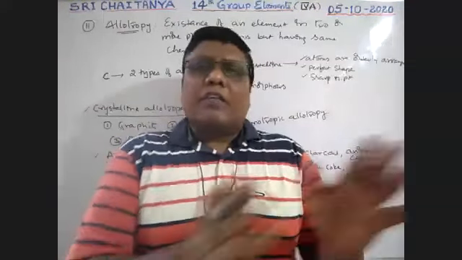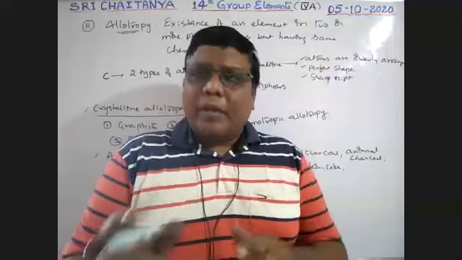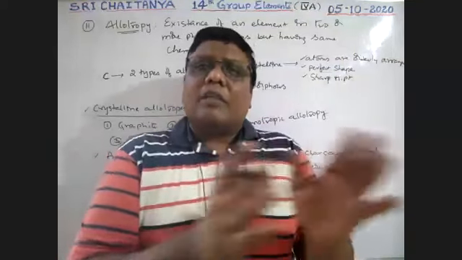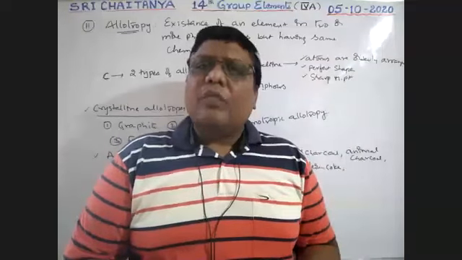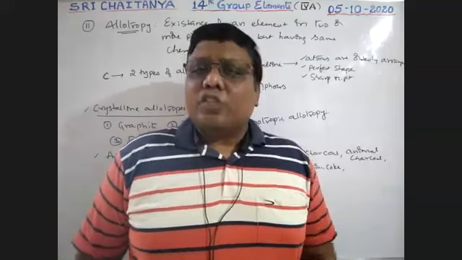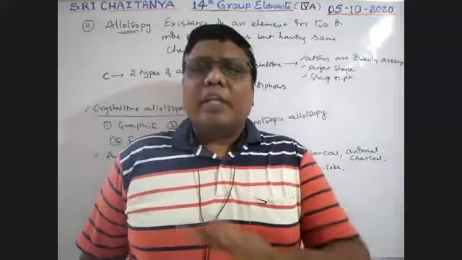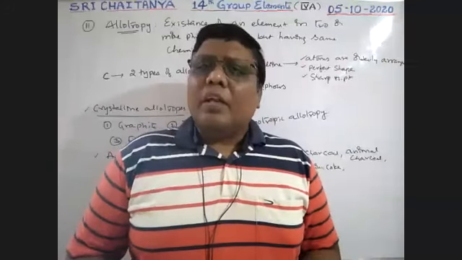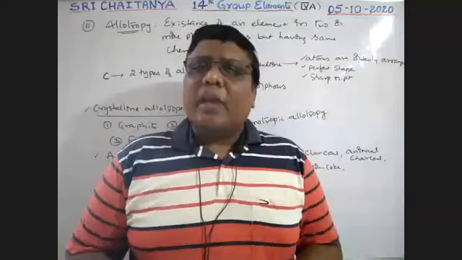Diamond does not convert into graphite. Even though you apply a very huge amount of energy, diamond does not convert into graphite. Why not, sir? Because of high activation energy. So interconversion is not possible because of very, very high activation energy. What is activation energy?